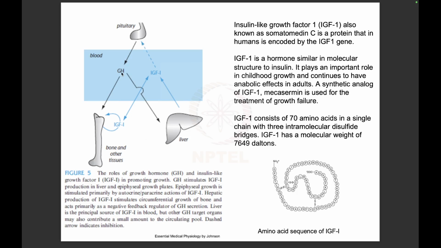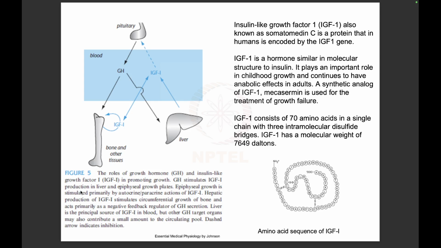Here, from the pituitary, growth hormone is released and has an effect on bone and other tissue via IGF-1. This IGF-1 further also has an inhibitory effect. So, the role of growth hormone and insulin-like growth factor in promoting growth: growth hormone stimulates IGF-1 production in the liver and epiphyseal growth plates.